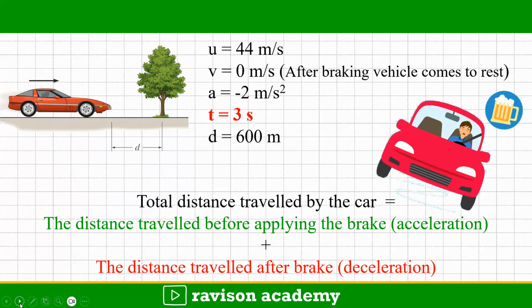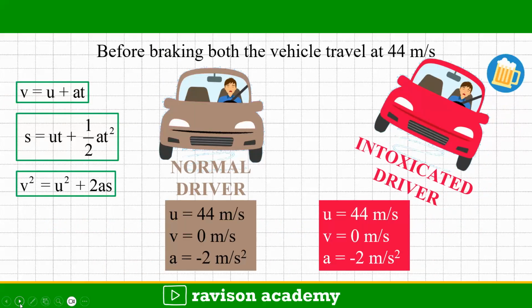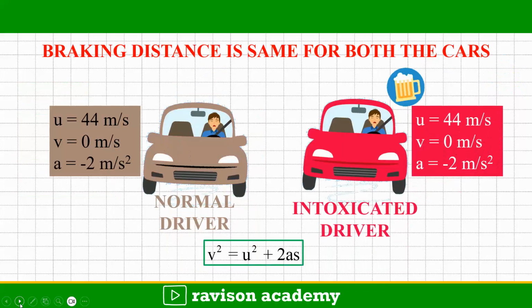Similarly, for the intoxicated driver, the time taken to react and apply the brake is 3 seconds. Now we can calculate the braking distance for both vehicles. The braking distance is the same for both, and we can apply the equation v squared equals u squared plus 2as.